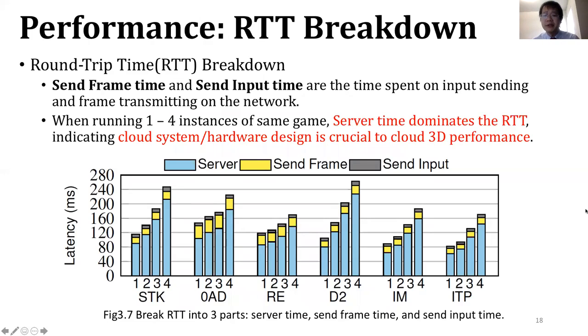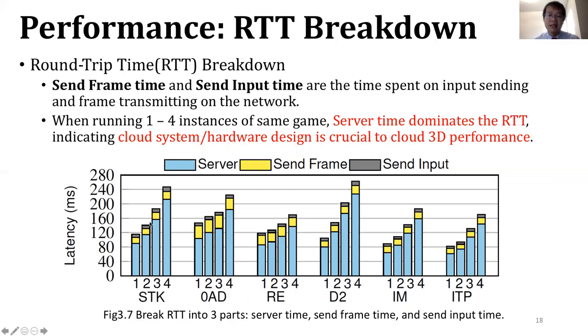This slide shows the breakdown of round trip time into server time, send frame time, and send input time. The x-axis is benchmarks, and the y-axis is latency in milliseconds.